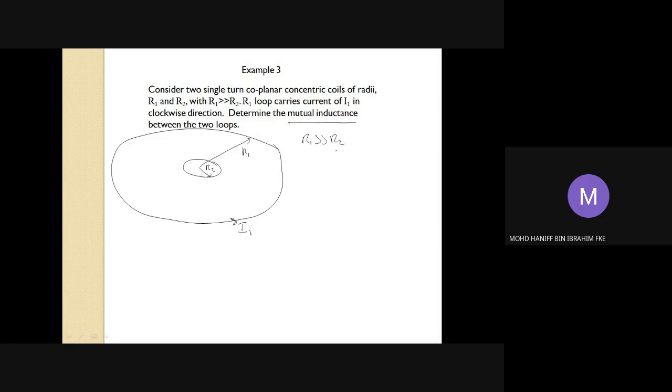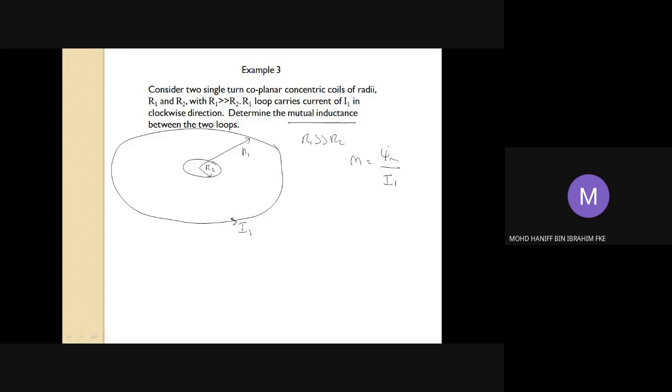So again, to find the mutual inductance, what do you need to find? You need to find the flux produced by this current I1 towards R2. I repeat, to find the mutual inductance is to find the flux amount produced by I1 through this loop of radius R2. That should be psi M, divided by I1.